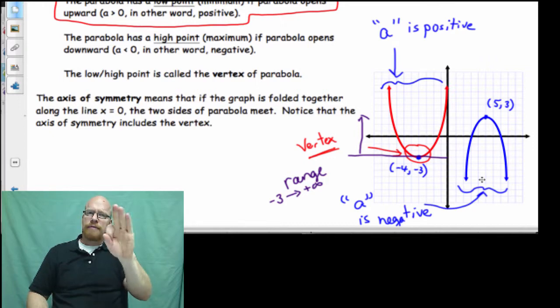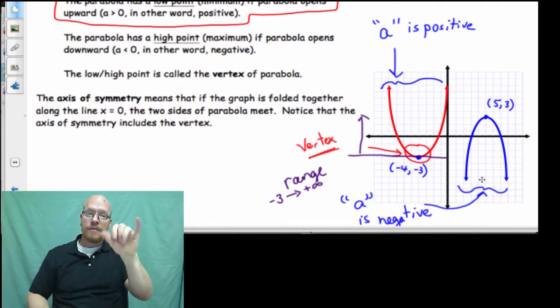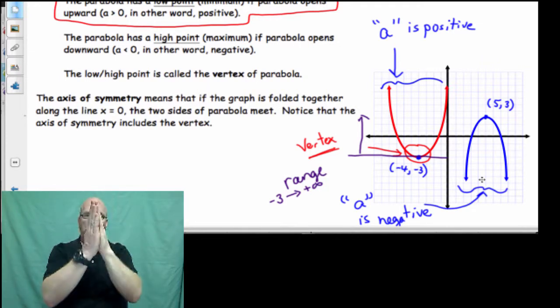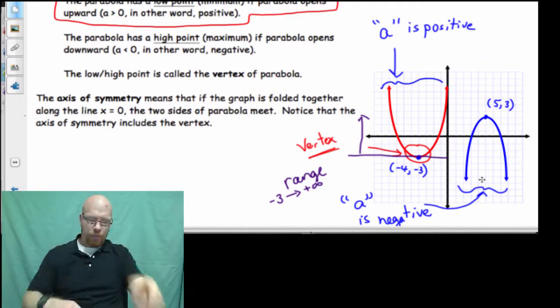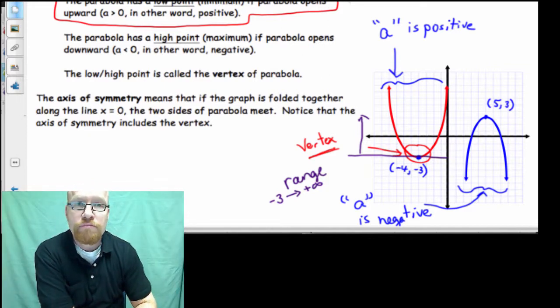Now the vertex. Now look at the axis of symmetry. It goes through the middle of the parabola. The axis of symmetry means that if you cut the parabola in half, it's like a mirror image. You could fold it in half and it would match along this line.